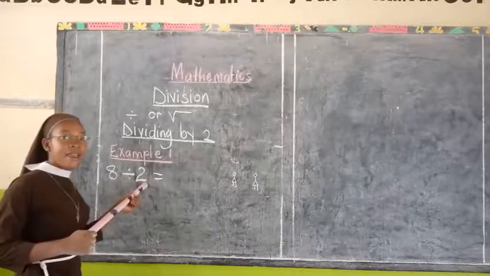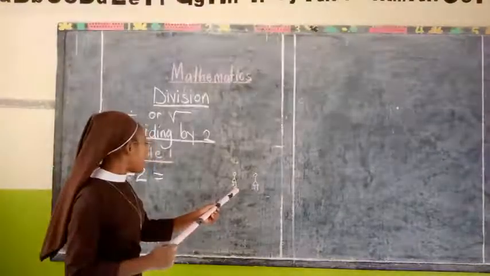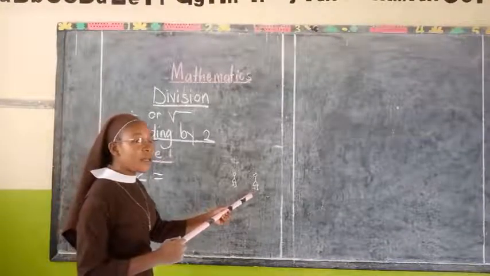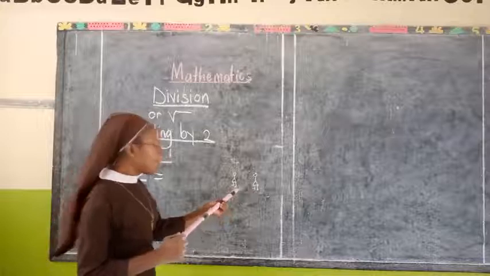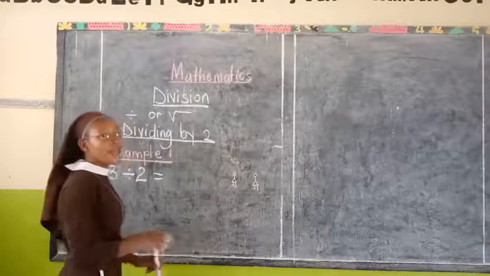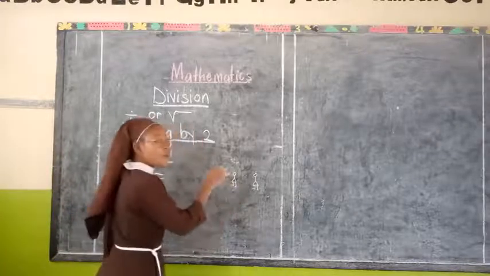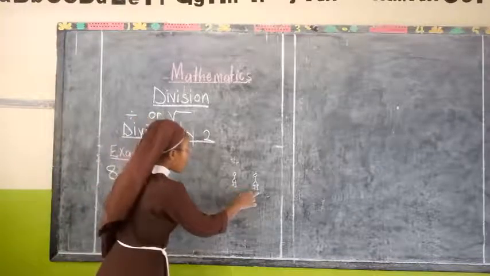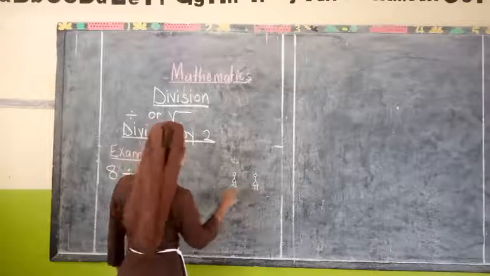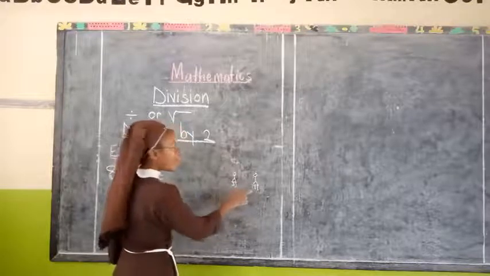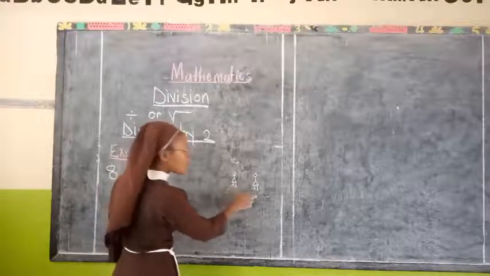So we shall come here in our side work and then we divide equally. I said we divide equally or we share equally. This is how we are going to share. We give one to each of them at a time and we share equally.